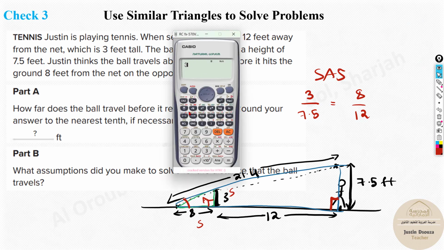Let's use the calculator. 3 divided by 7.5 is 2 by 5, because 1.5 is divisible. So I'll write over here, it is 2 by 5.